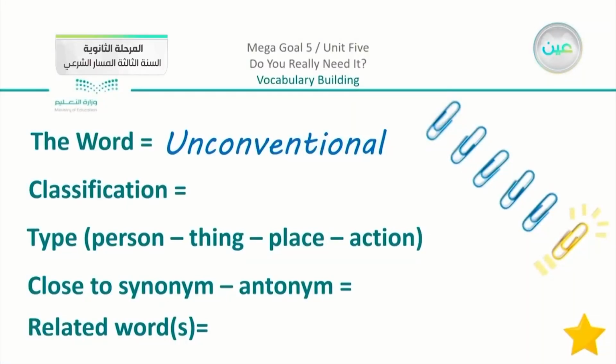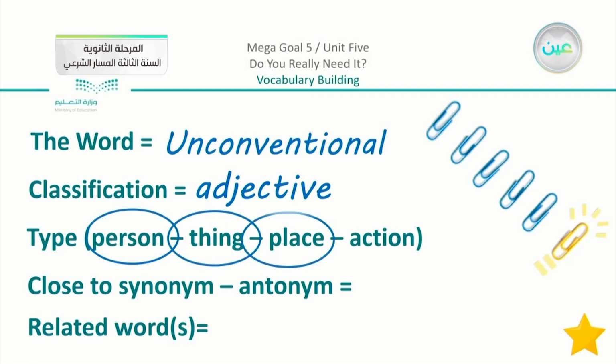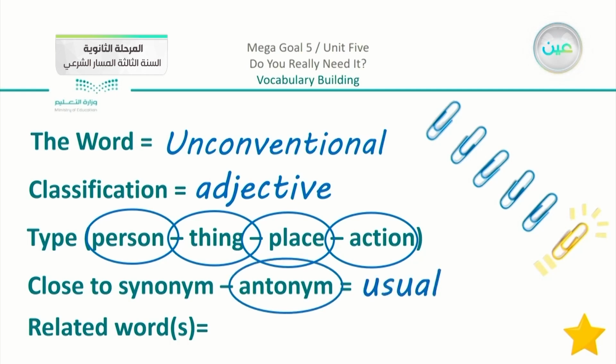The word unconventional is also an adjective to describe. We can describe a person, a thing, a place, or an action. It is the opposite of something that is usual. So here we are relating something that is different but unusual at the same time.